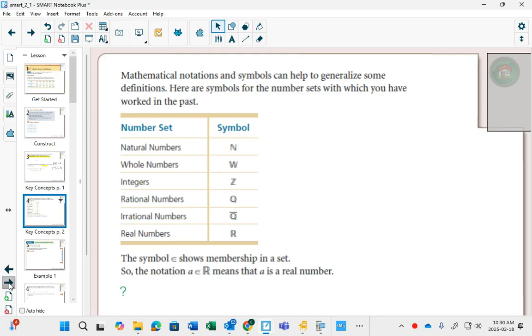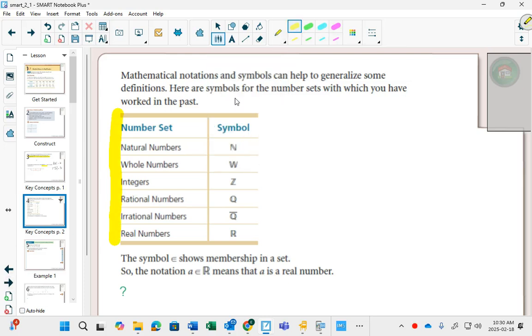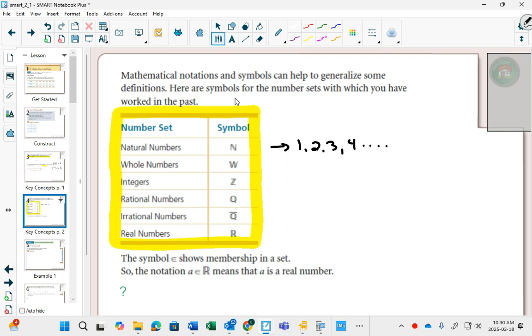Do you remember this from grade 9 and from grade 10? All of our number systems, you can put a whole highlighted box around this whole thing. The symbols are: natural numbers, those are your counting numbers, maybe to help you remember, that's 1, 2, 3, 4.